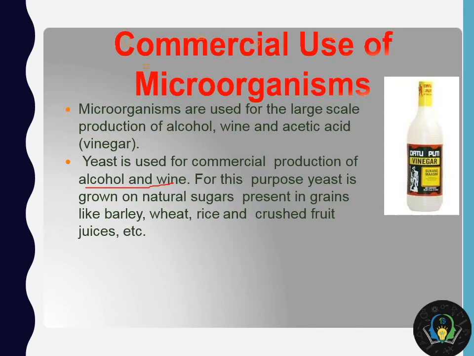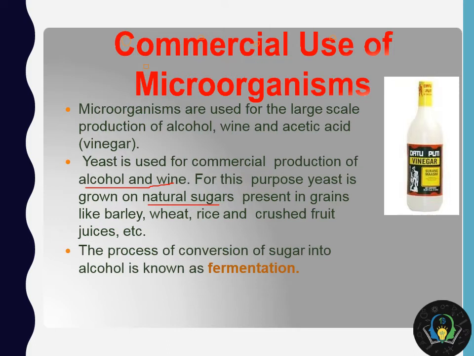So how are they making it? Yeast is grown on the natural sugars present in grains like barley, wheat, rice, and crushed fruit juices, etc. The process of conversion of sugar into alcohol is known as fermentation.